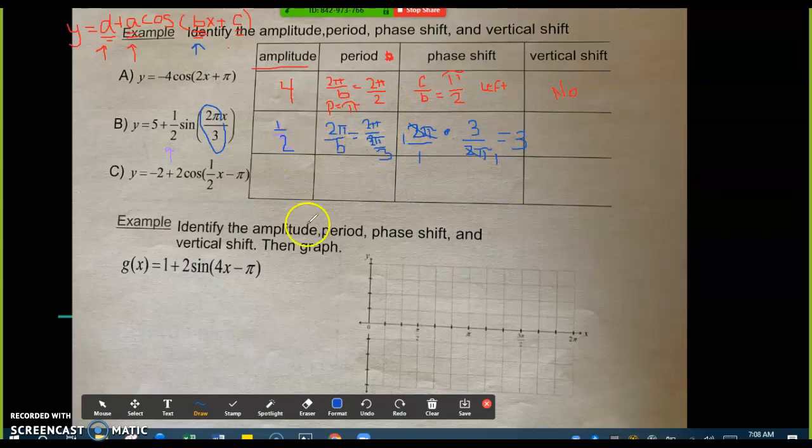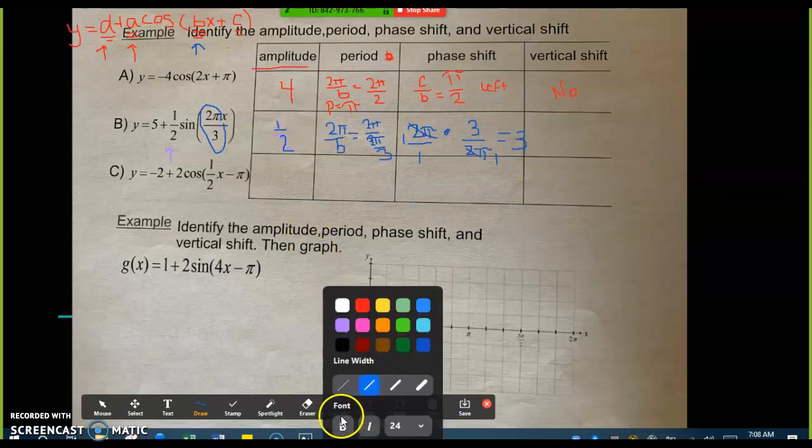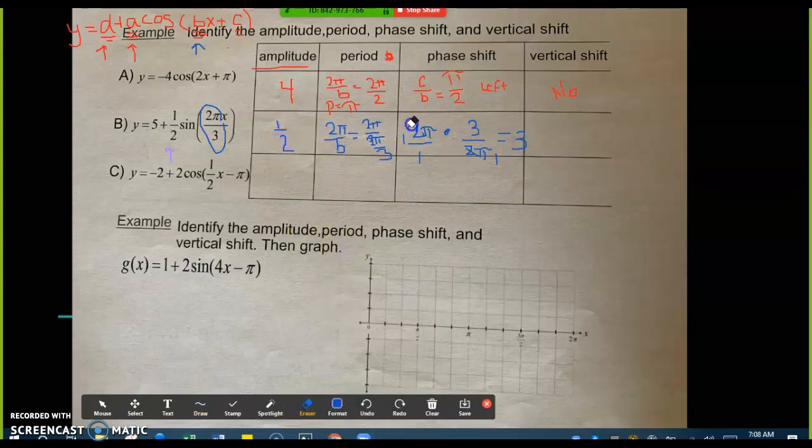So my new period is 3, so I can write that down, that my period is equal to 3.